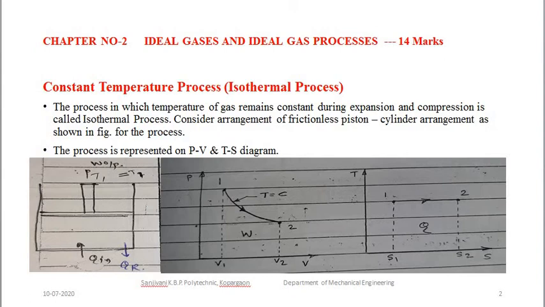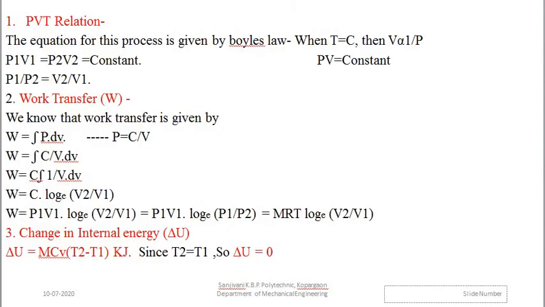So moving further, for the analysis of this isothermal process, the first parameter is the PVT relation. The equation for this process is given by Boyle's law. We know that at constant temperature, volume is inversely proportional to the pressure.